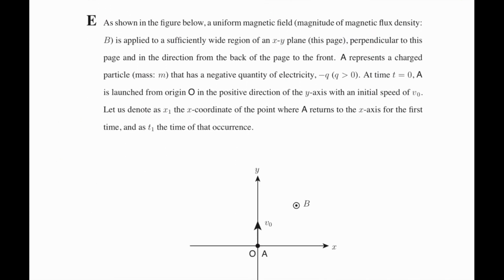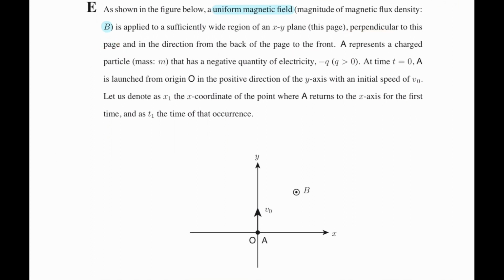As shown in the figure below, we have a uniform magnetic field. The magnitude of the magnetic flux density is B. It is applied to a sufficiently wide region of an XY plane, which is this page, perpendicular to this page and in the direction from the back of the page to the front, as you can see in this diagram.